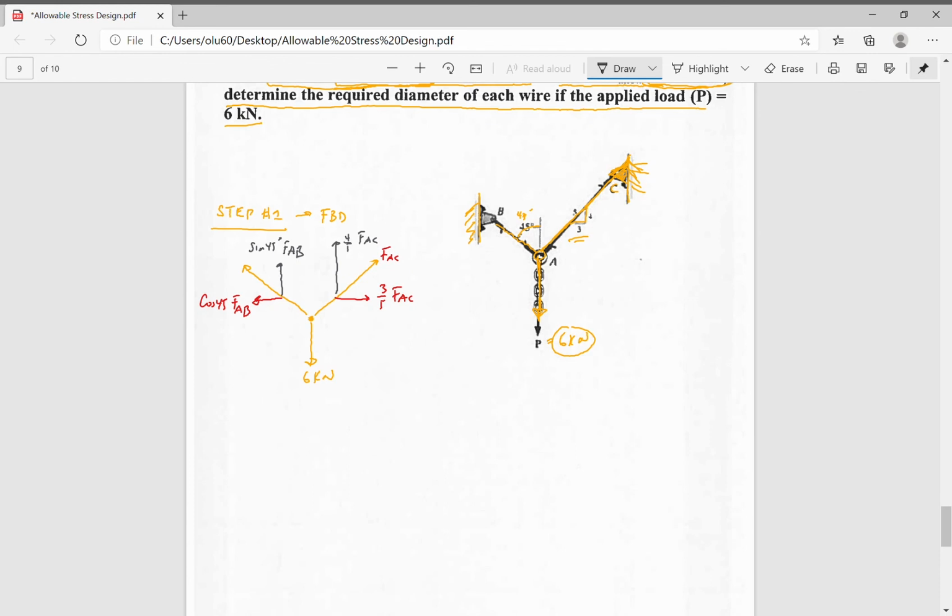Our next step would be step 2. You want to use our equilibrium equations to find forces AB and AC.